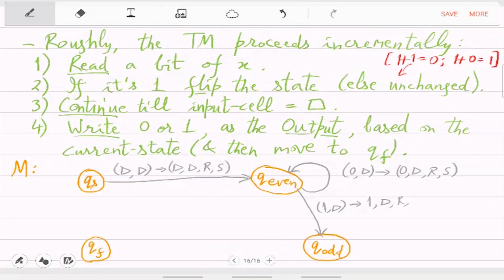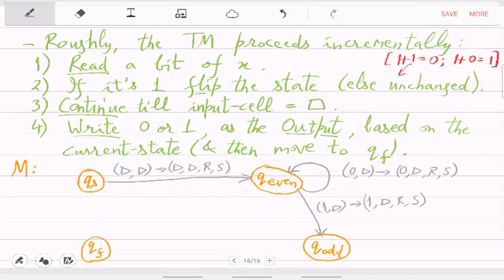So read the second bit. State doesn't change because 0 means parity still is 0. On the other hand, if you see 1, then keep moving right. That's fine, but the state has to now flip, so it goes to odd, because first bit being 1 means parity has now become 1.